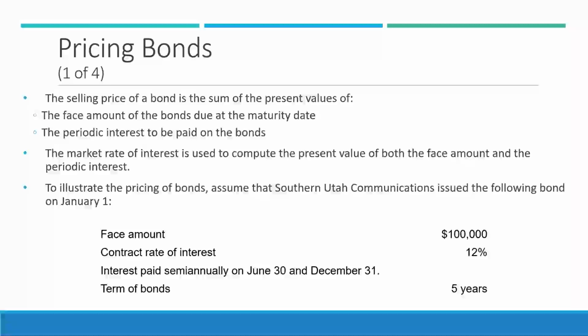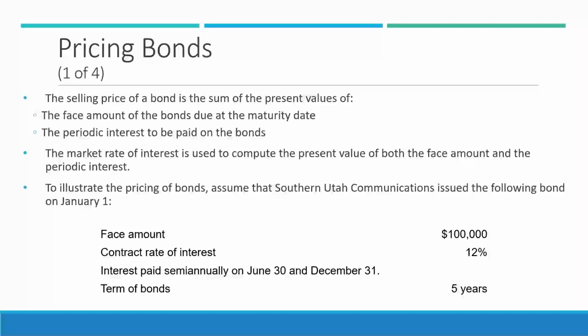And then the present value of the periodic interest, at the contract rate or coupon rate of 12%. Interest is paid semi-annually on June 30th and December 31st. The 12% is an annual interest rate, so every 6 months they're going to get 6% interest on the bonds. 6% of $100,000 is $6,000. So every 6 months they're going to get $6,000. That's 10 periods.